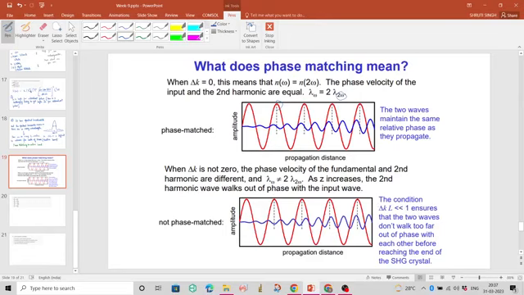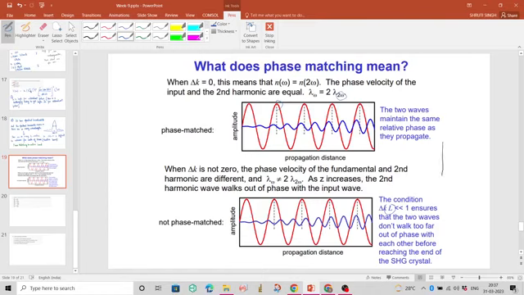So the condition delta k into L is less than 1 ensures that the two waves don't walk too far out of phase with each other before reaching the end of the second harmonic crystal. L is the thickness of the crystal.